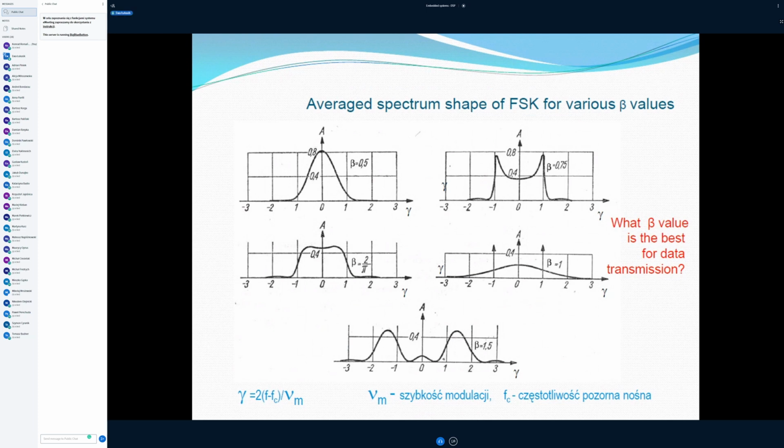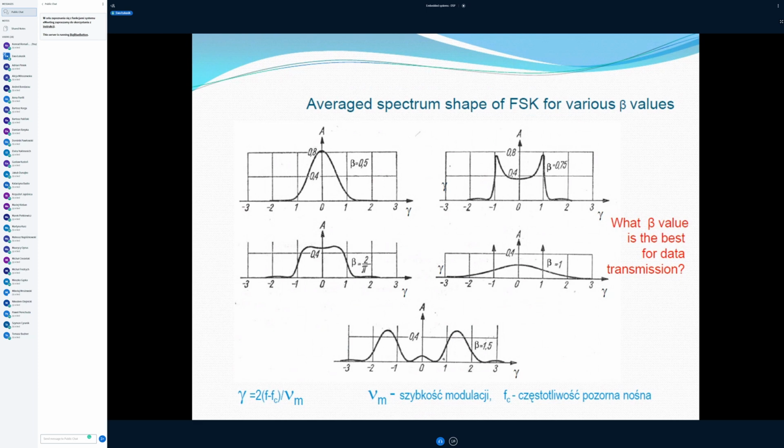When you see the speech signal, for example, you have all possible values of amplitude, and all of them should be very well represented by frequency changes in frequency modulation.